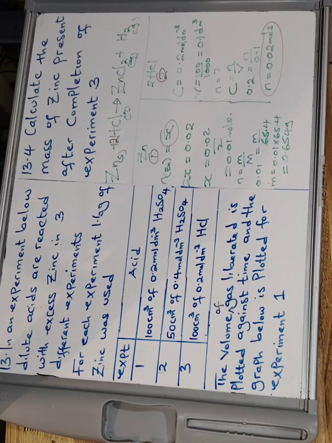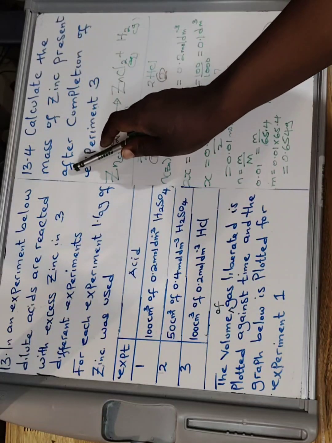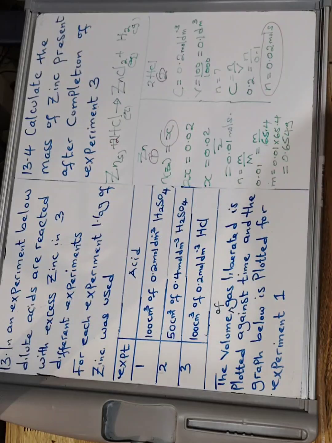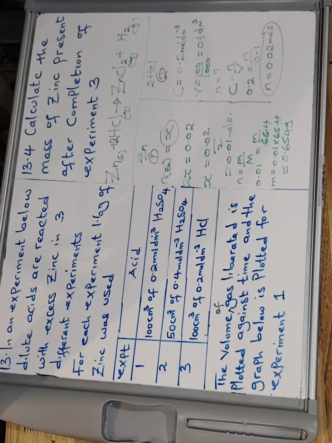But remember, this is not what is wanted. It's a route to what is wanted. The question is very clear. It says calculate the mass of zinc present after completion of the reaction. So in other words, we have what reacted and we know what was supplied, which is 1.6. The difference will give us the mass of zinc present in the flask after completion of the reaction.